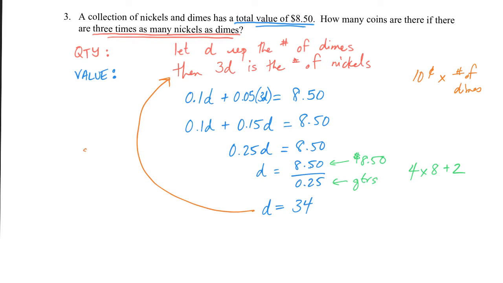Just as before, you can write D equals 34 into 3 times D. But I'm going to imagine that most of you are going to say, therefore, 34 dimes, and then calculate 34 times 3 and say 102 nickels. And there you go.